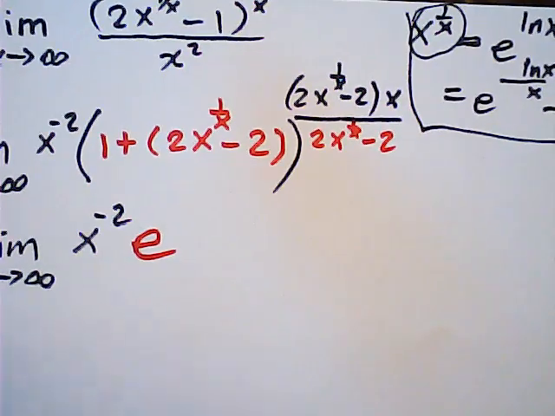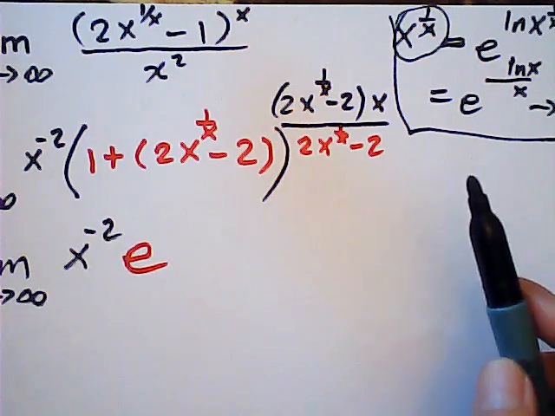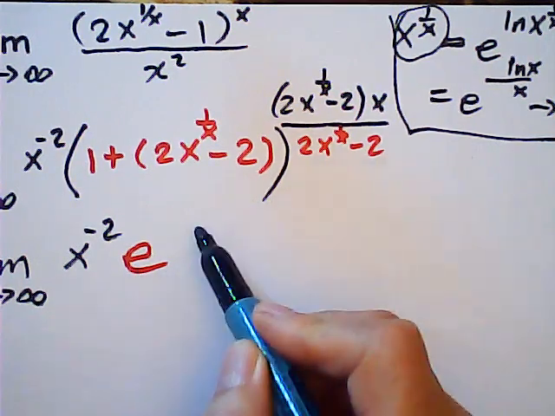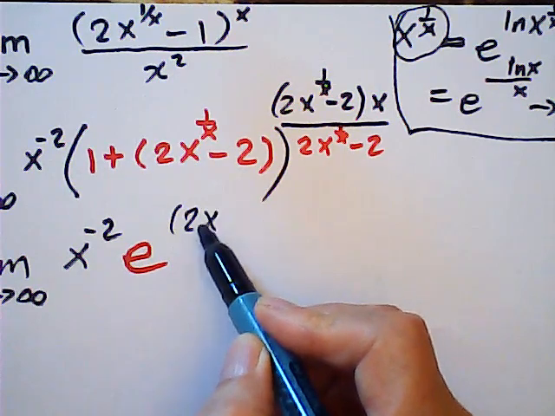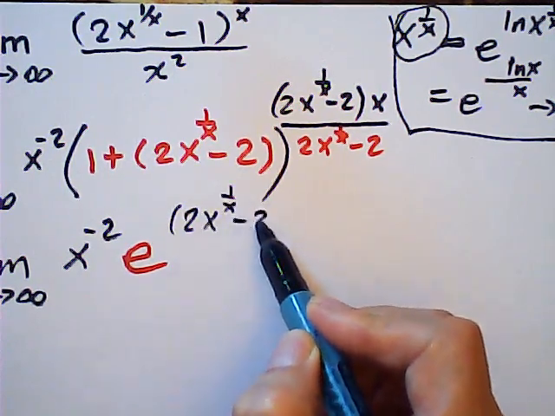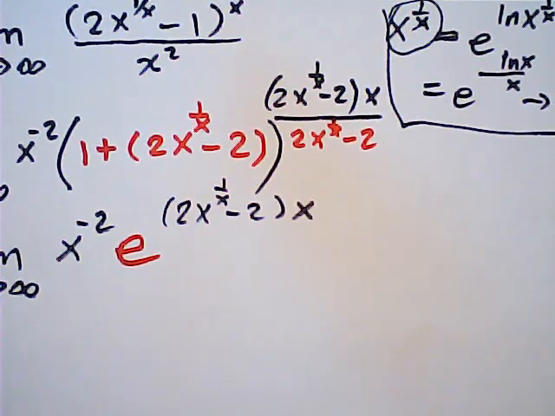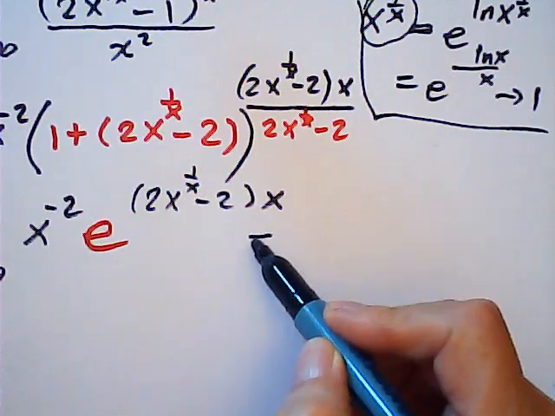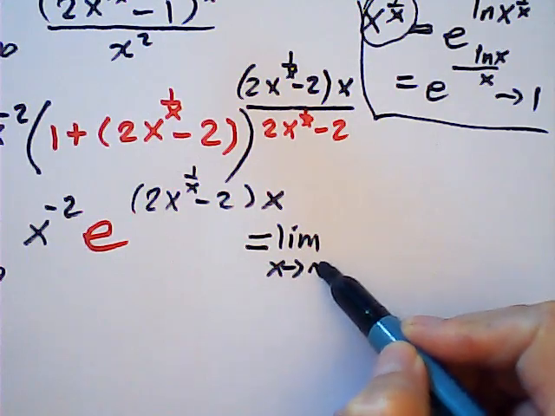Yeah. Then this one is equal to, this is gone, this is for e. This is 2x, 1 over x minus 2 times x. Let me work carefully. And this one is equal to the limit as x goes to infinity.